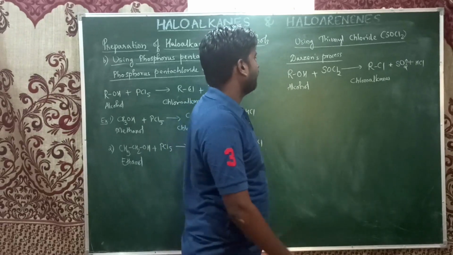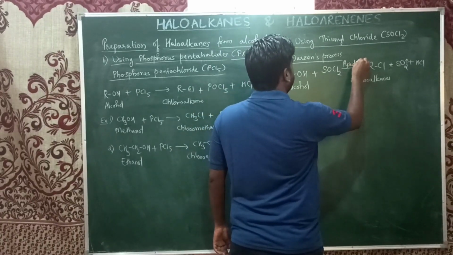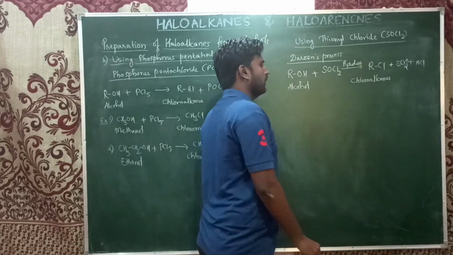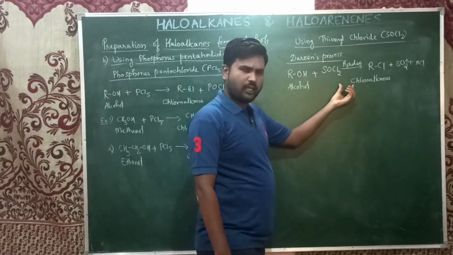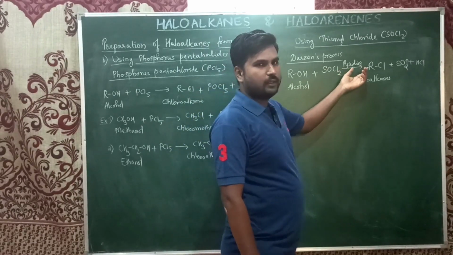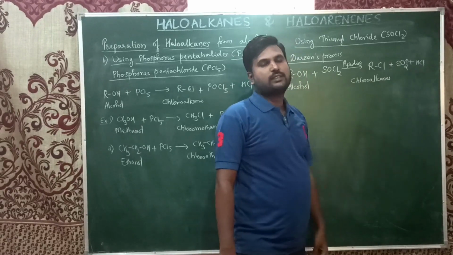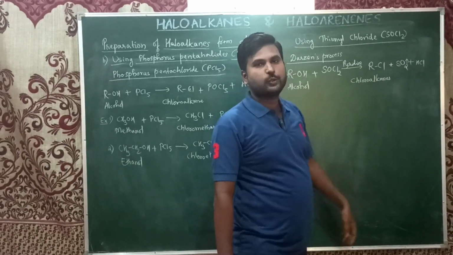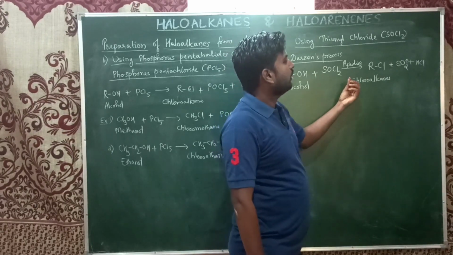The HCl is going to get neutralized using pyridine. It also acts as a catalyst, because this reaction has to take place in a neutral or basic medium; since HCl is an acid, it has to be neutralized. That is why pyridine acts as a catalyst and also as a neutralizing agent for the HCl.